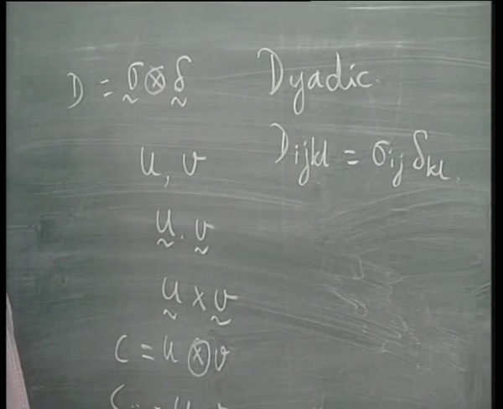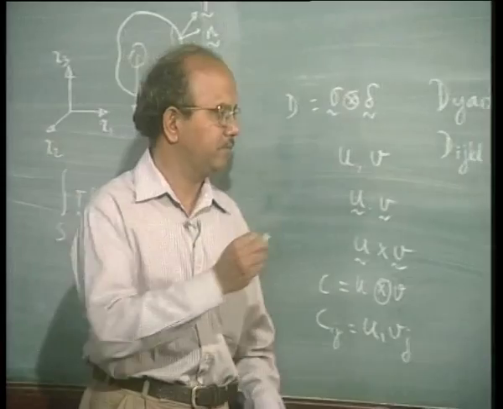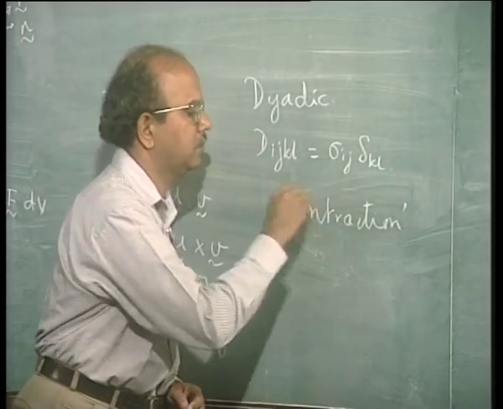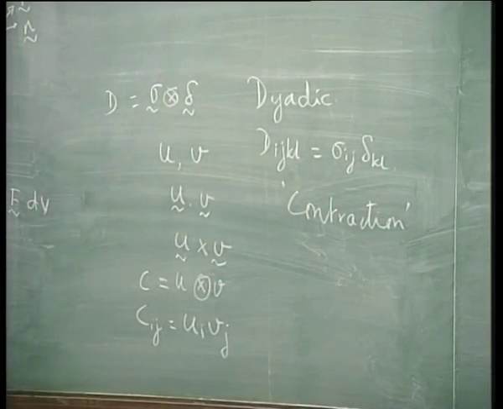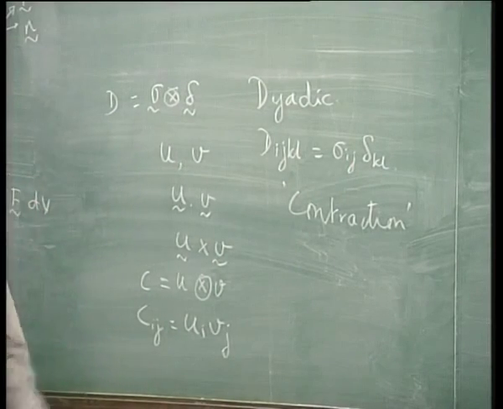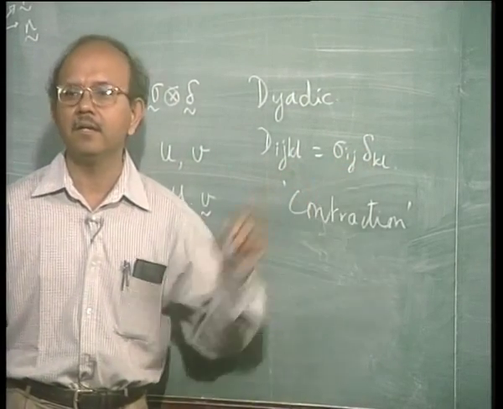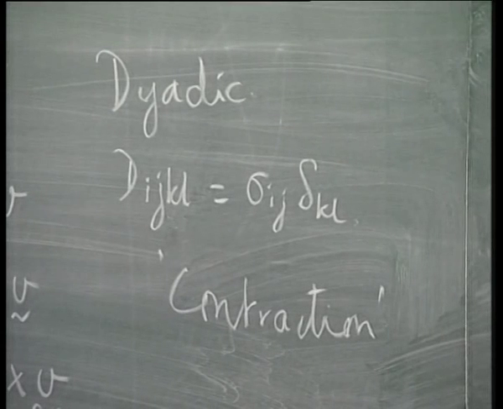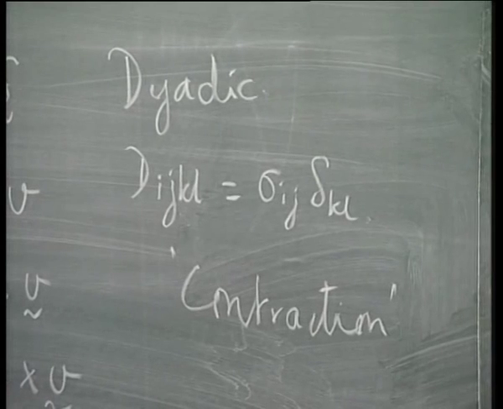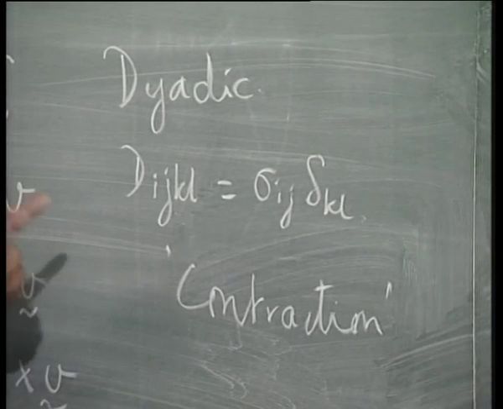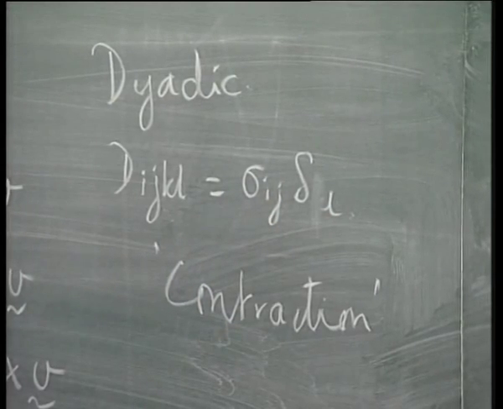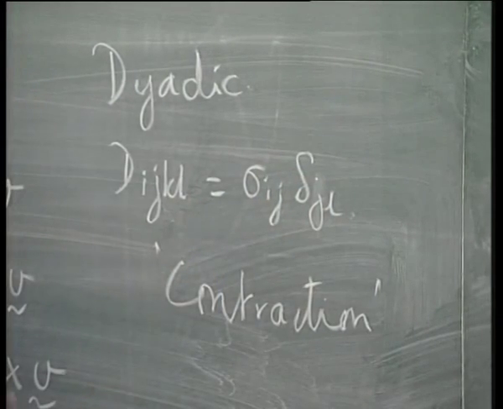Another operation called the contraction operation, where I make two quantities the same, say i and k the same, or j and l the same and so on, will give me a second order tensor, sigma_ij delta_jl, which means I imply a summing up over j.